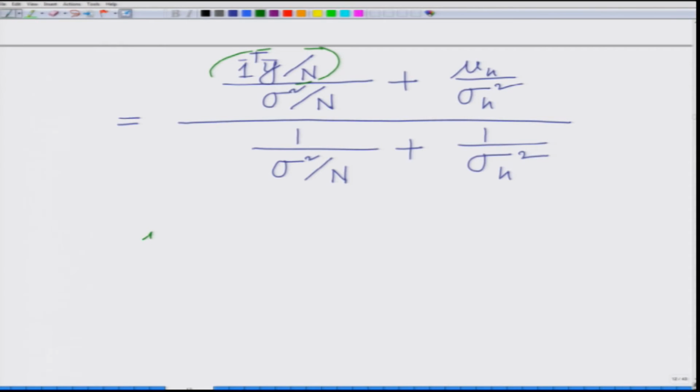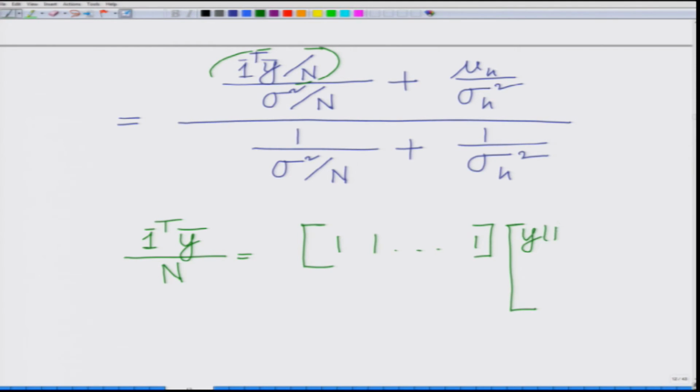Now, you will realize that is something very interesting. 1 bar transpose y bar divided by n is equal to the row vector of all ones times y1, y2, up to yn, times 1 divided by n.